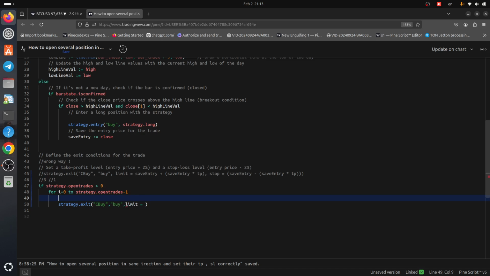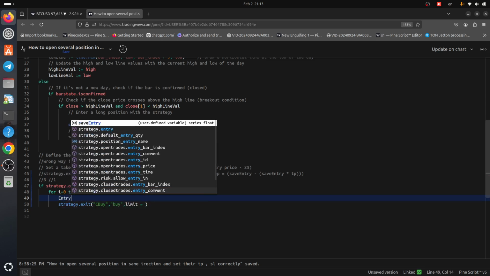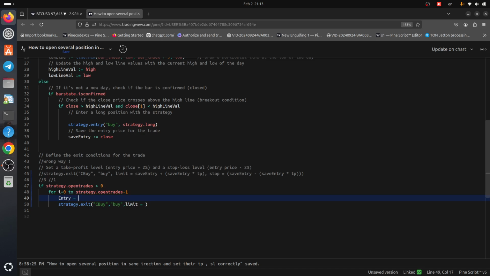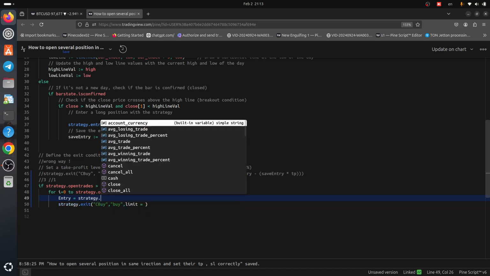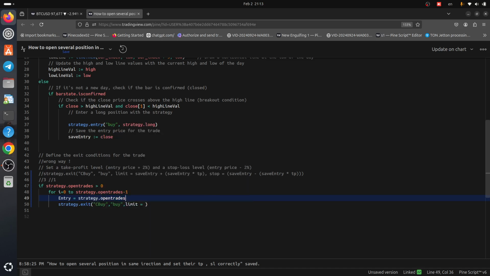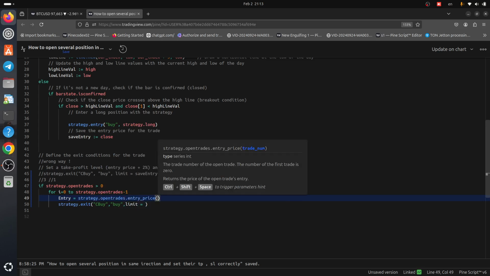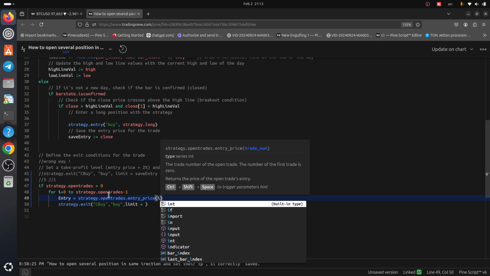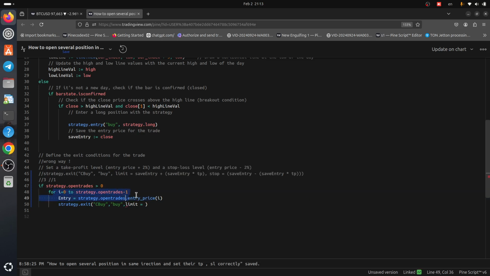Here we declare a new entry. How can we get the entry? We don't need this entry. We can get the entry by this function, strategy open trades entry price. I gives us the number of the trade.